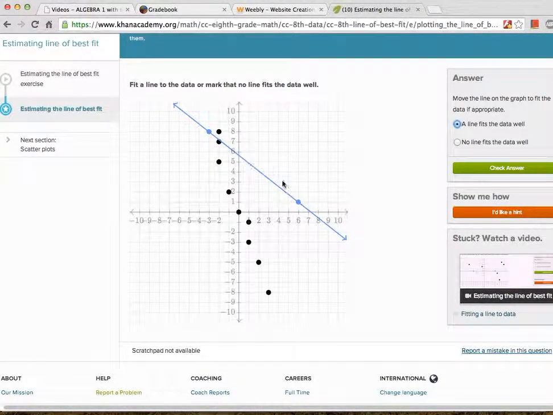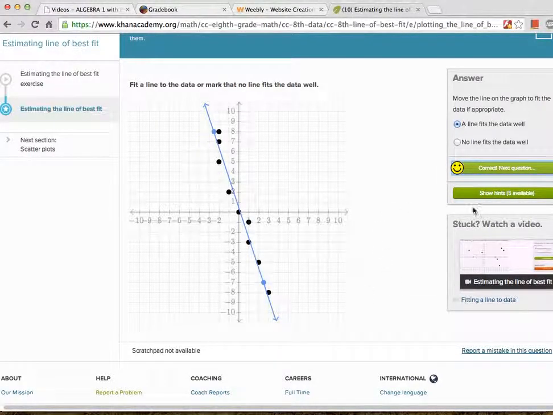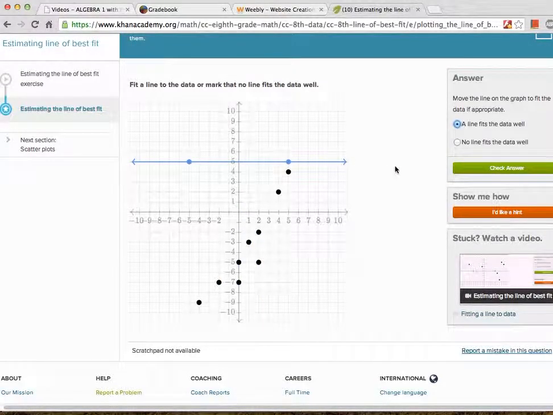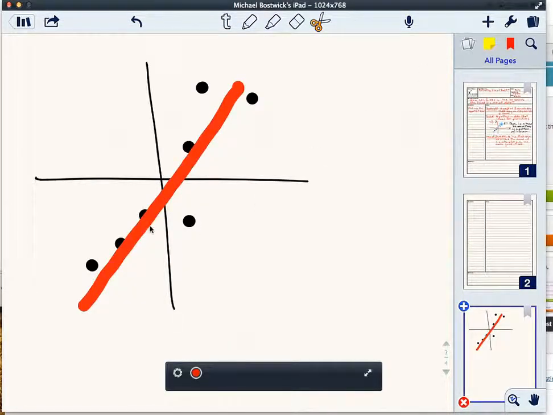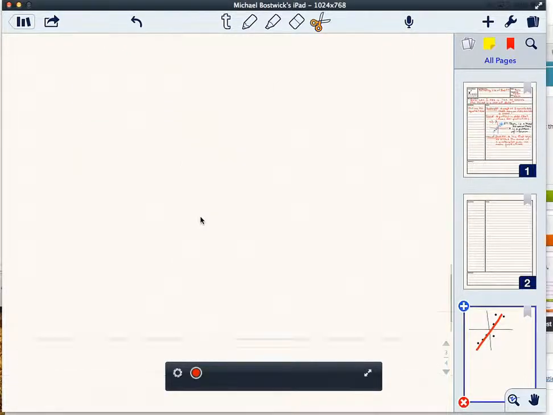So I need to drag these dots so that the line matches the slope of the trend, which is down and to the right, and the line needs to be in the middle of the data. The module is pretty forgiving, and most of the things you see will have a trend. But let's look at what something that doesn't have a trend might look like.